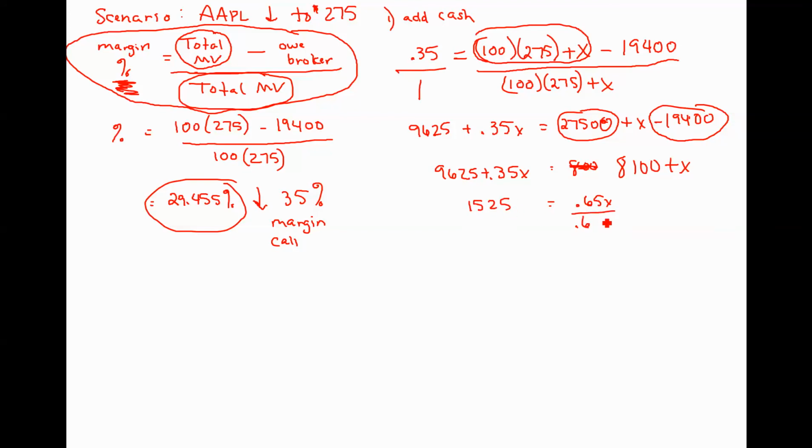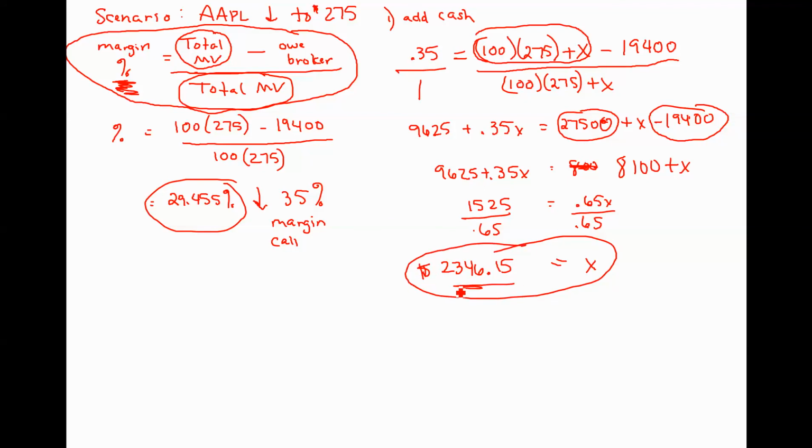Divide both sides by 0.65. And I get an x of 2,346.15. This is the dollar amount of cash that I have to add to my account.